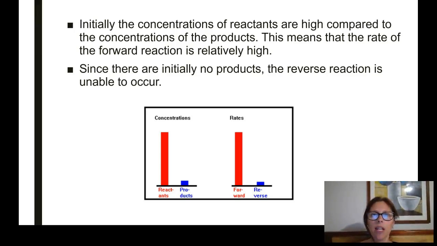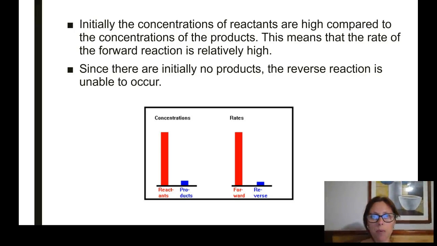Now when we have an equilibrium system occurring, you can see in the diagram here, at the beginning of the reaction we have all reactants and initially no products. As the reaction starts to occur and progress, we have some of our reactants converted into those products. So initially the forward reaction producing the products is quite high, which you can see in the second part of the graph there, where the rate of the forward reaction is quite high.